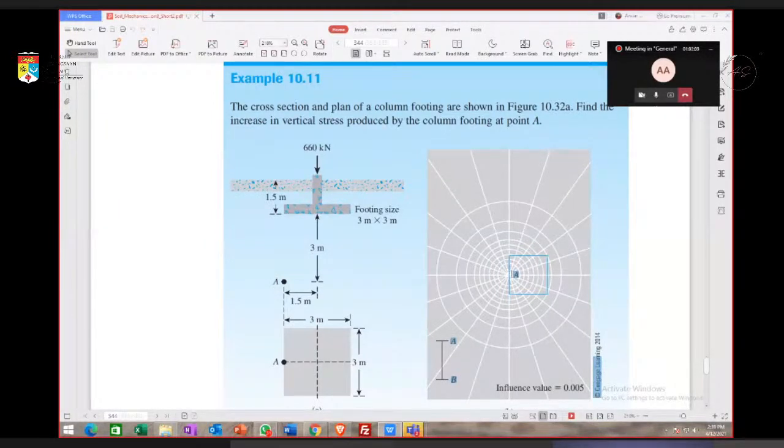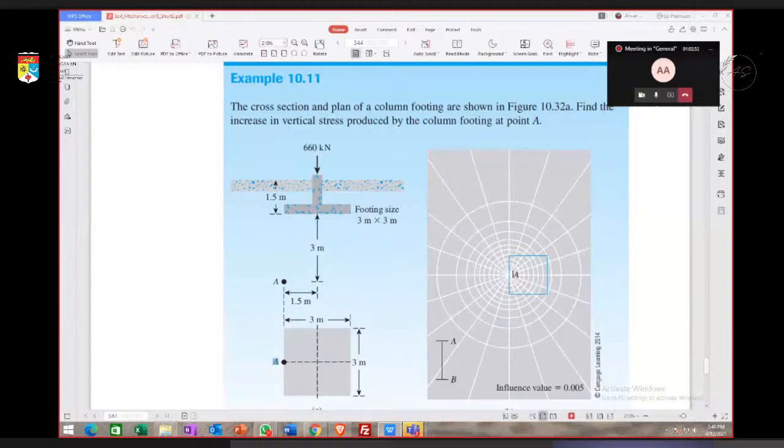Now let's say we want to find the stress 3 meter below the footing at point A. We need to locate point A at the center of the graph here, so that's why we have A here at the center. The next step is to calculate the number of elements inside this area.